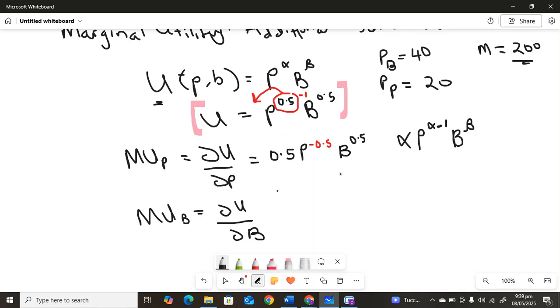So has anyone derived? On the B. Yes, on the B. Focus with the one with numbers first, then we'll put the one with symbols.